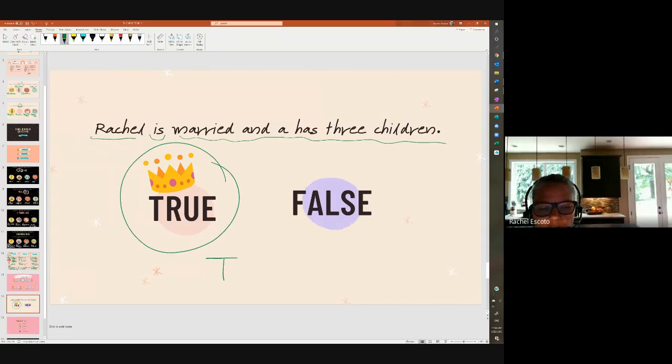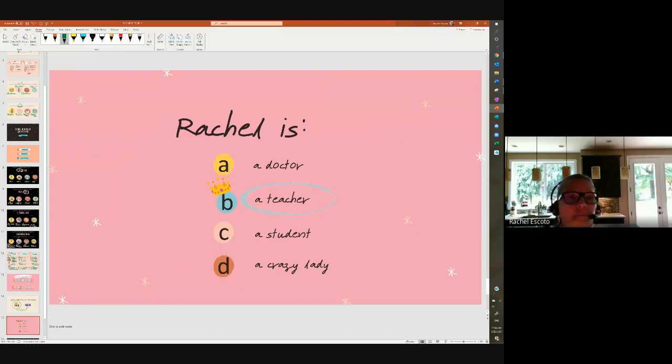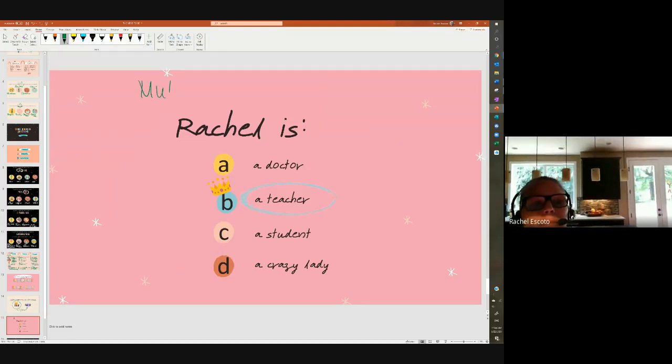Sometimes they ask you to choose T or F, or to write T or F. T goes for true, F goes for false. And the last kind of question is called multiple choice. Multiple means many, choice means choose.